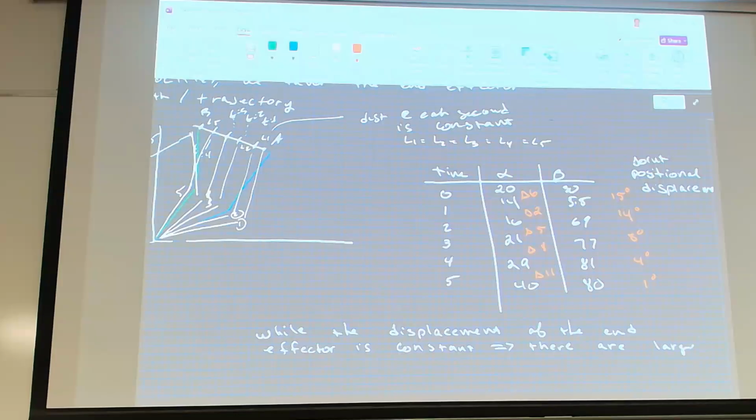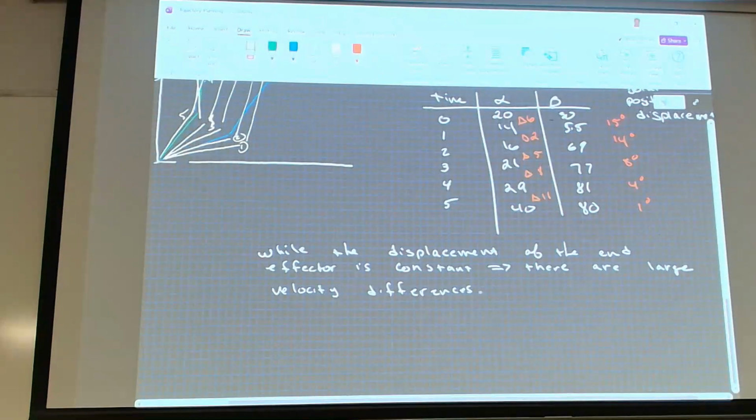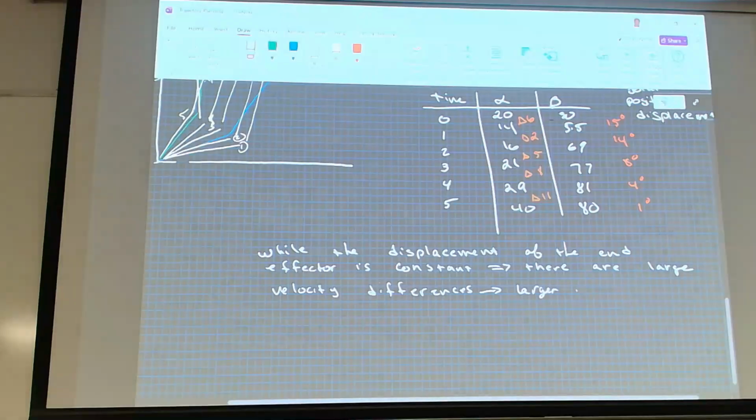Let me say this one: there are large velocity differences, which is going to imply large accelerations, which implies larger torques.